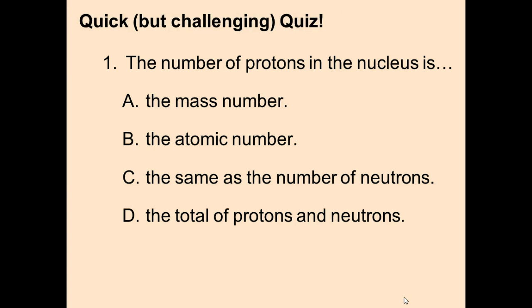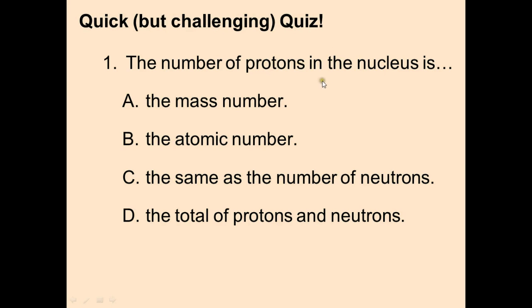And here's a quick quiz. The first question: the number of protons in the nucleus is A, the mass number, B, the atomic number, C, the same as the number of neutrons, or D, the total of protons and neutrons. Well, we're just talking about protons.